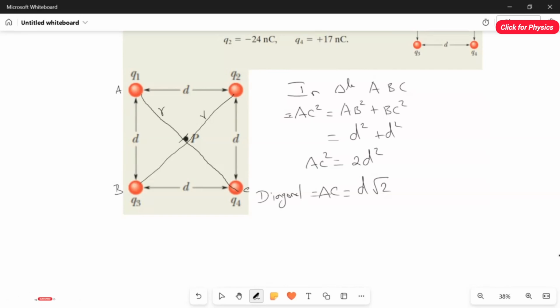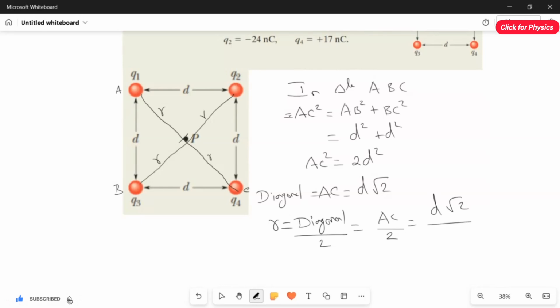This is R, and again this is the diagonal. So for finding the value of R for all the four charges, it's very easy. Therefore, R equals the diagonal divided by 2, which is AC divided by 2.